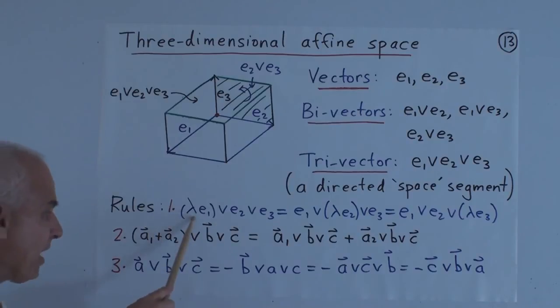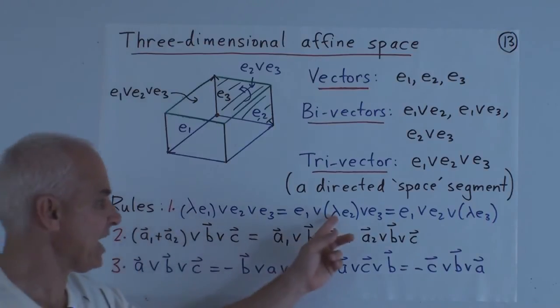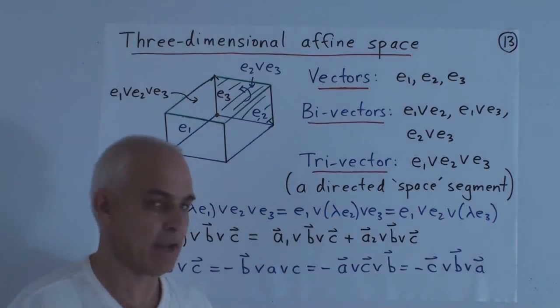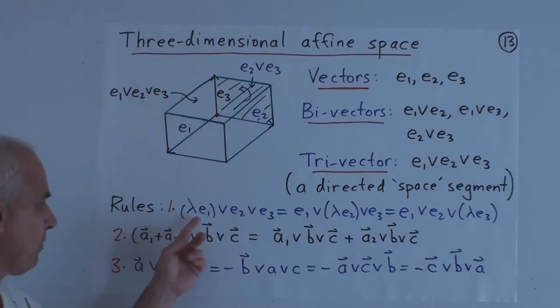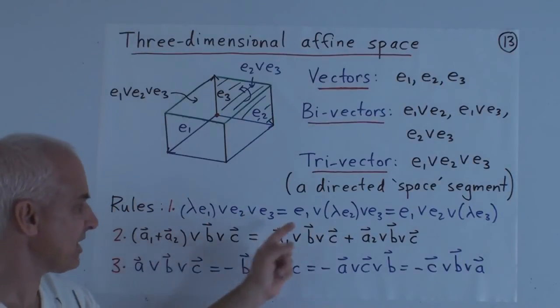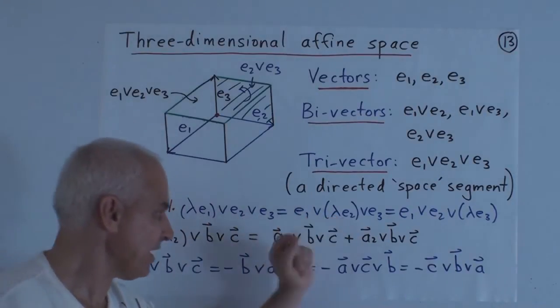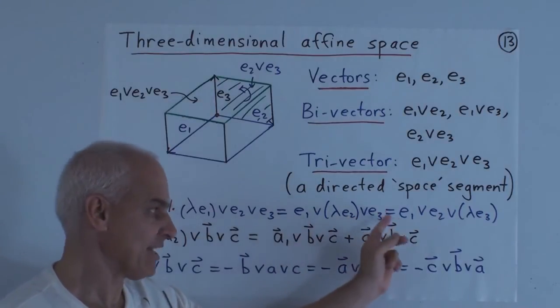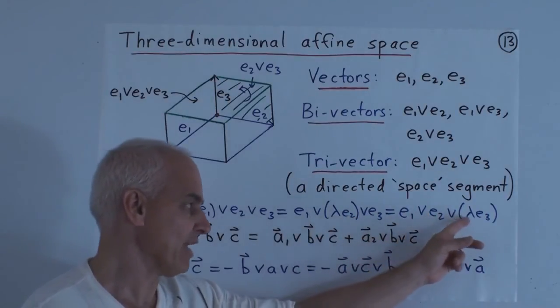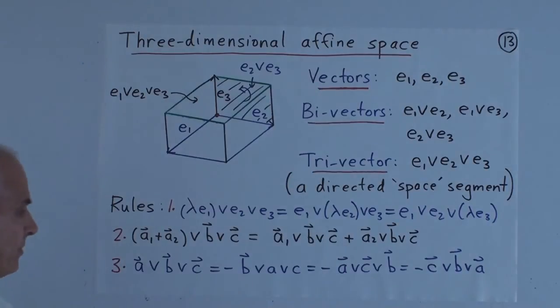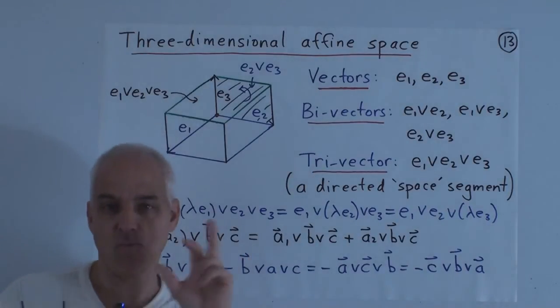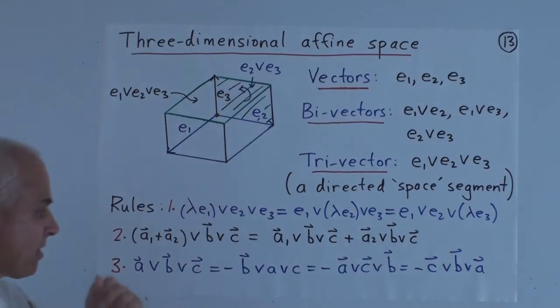We agree that if we multiply any one of them by a scalar or a number lambda, then that's the same as multiplying any other of them by the same number. So lambda E1 wedge E2 wedge E3 is the same as E1 wedge lambda E2 wedge E3, which is the same as E1 wedge E2 wedge lambda E3.